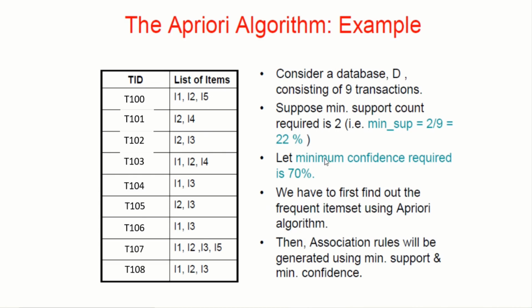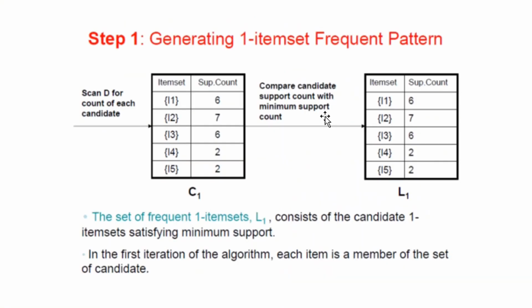Similarly, let us suppose we put the minimum confidence required as 70%. Then we have to first find the frequent item sets using the Apriori algorithm. Then association rules will be generated using minimum support and minimum confidence. So the very first step is to generate the one item set frequent pattern.